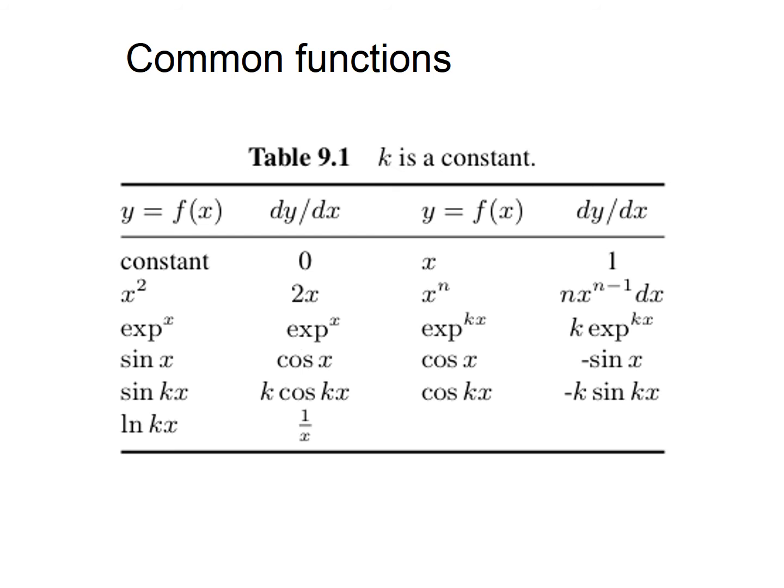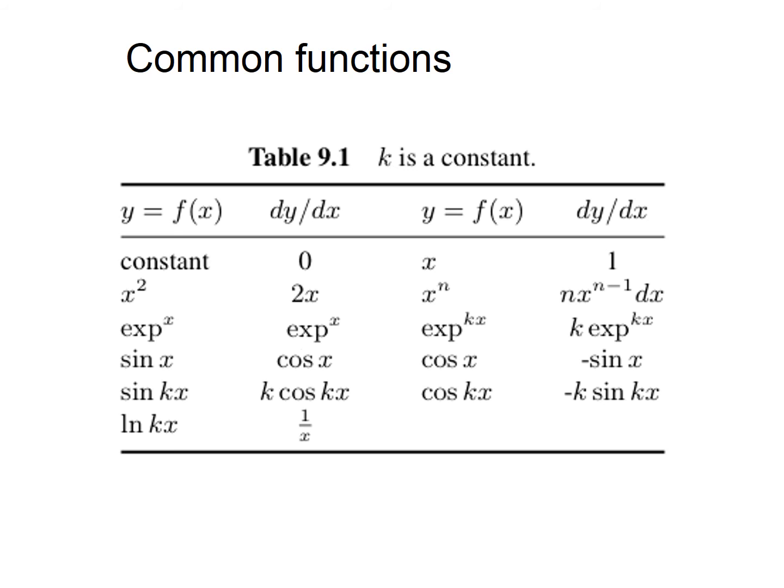You can go through that. If y is just x, the gradient is just 1. That actually fits our rule, where f of x is x to the power of n, and the derivative is n times x to the n minus 1.